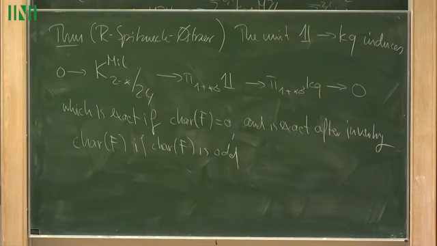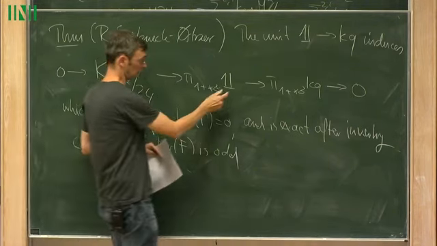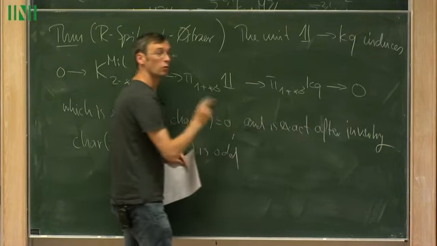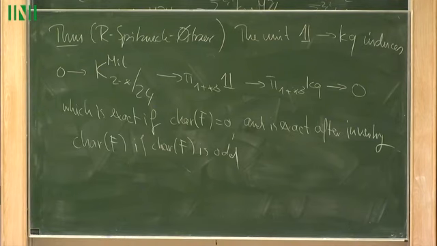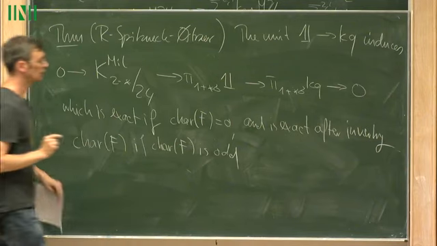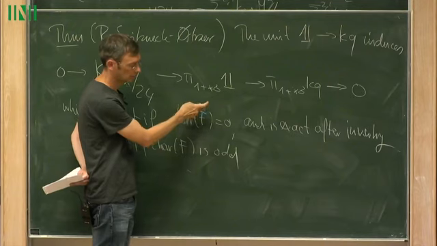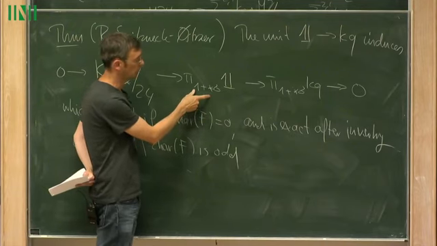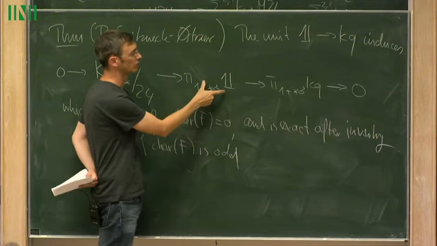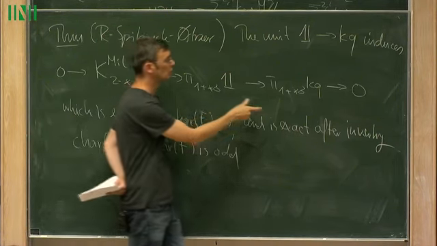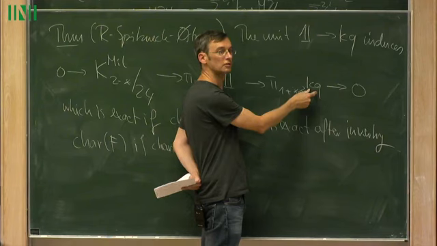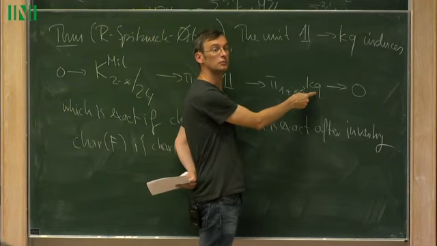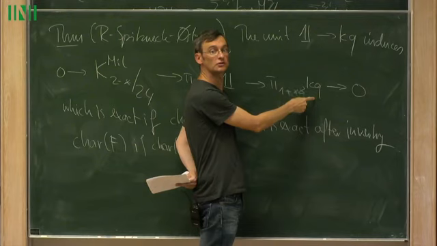So you can think of the unit map from the sphere spectrum to little kq as being a one connective map. And now I cannot say just as in topology because it is two connective, and it is not going to be two connective because there's a beautiful theorem due to Ananyevskiy, Levine, and Panin, which says that in certain ranges this here is always torsion, but pi 2 plus 2 sigma of little kq is the zeroth symplectic K group of the field, which is not a torsion group, which is the integers.